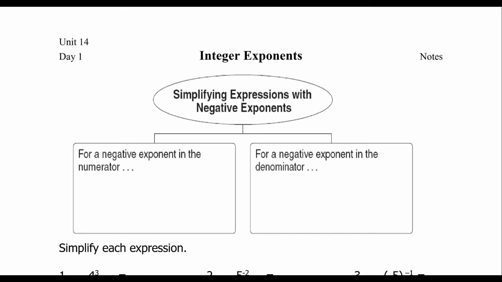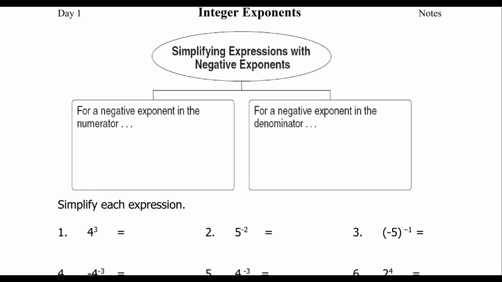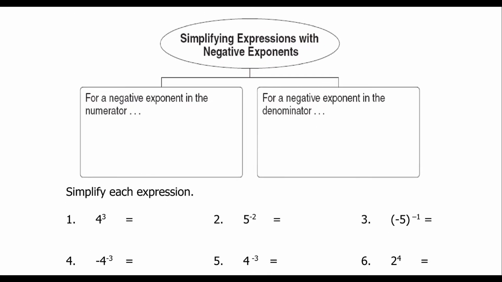Alright, so page 2. Okay, it's starting us off by talking about simplifying expressions with negative exponents. Now, it says for a negative exponent in the numerator, okay, so what do we do for a negative exponent in the numerator?